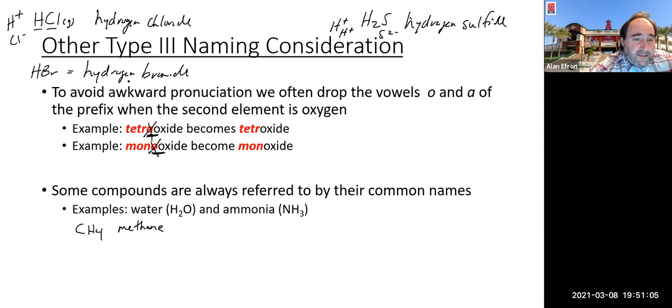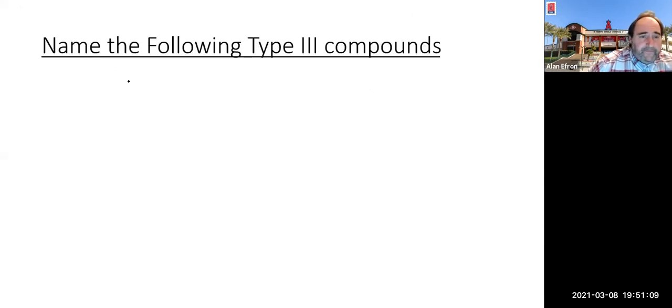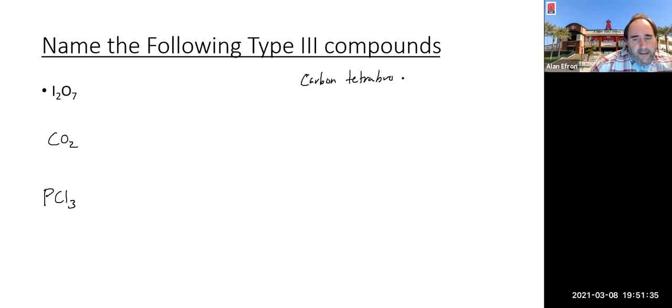So why don't we try some here just to see what's going on. So I think you have I2O7, you got CO2, you got PCl3, and why don't you write the formulas for, let's go with, carbon tetrabromide.